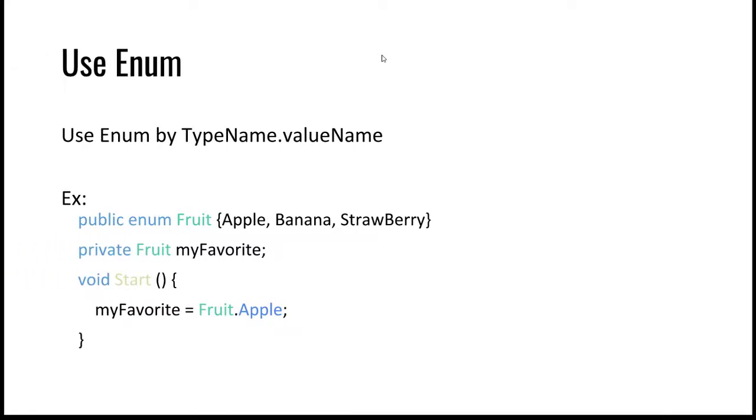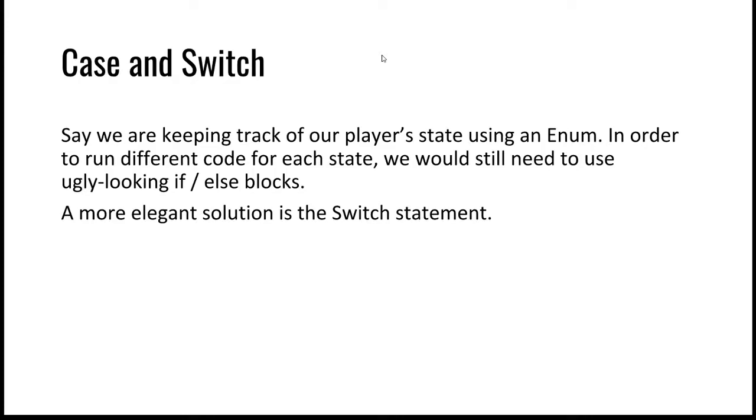So I mentioned that if we wanted to have really complex behavior, like say you have a character controller and you want different behavior based on whether you're on the ground or in the air, or you don't have player movement. Say if you're in a menu, you don't want your player to be able to move.